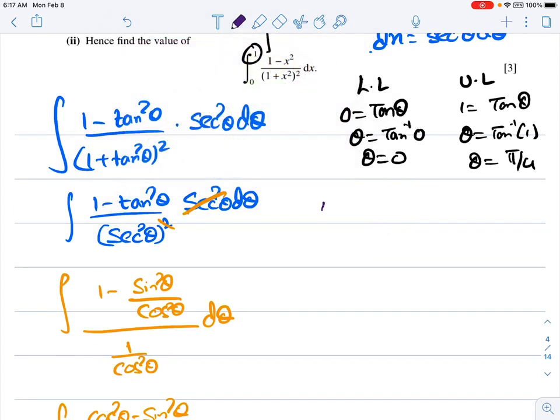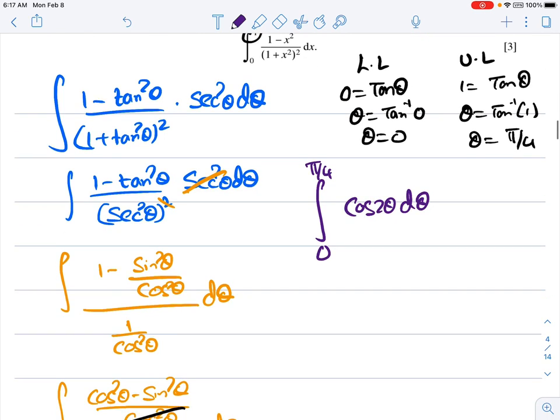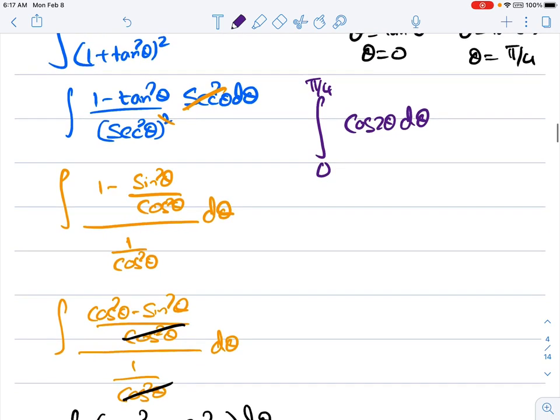Then I try to find the integration from 0 to pi by 4 of cos 2 theta d theta. The integral of cos 2 theta is 1 upon 2 sin 2 theta from 0 to pi upon 4.